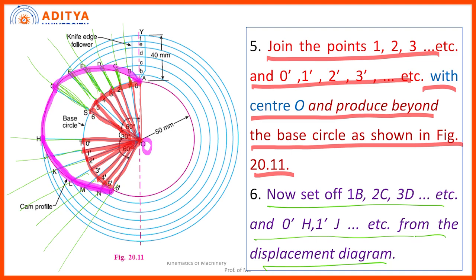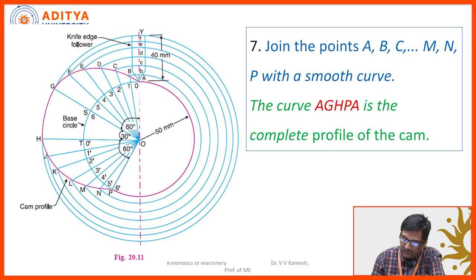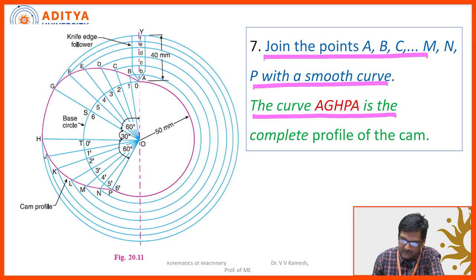So this is dwell, right? Okay. So join the points with a smooth curve. The curve AGHPA is the complete profile of the cam.